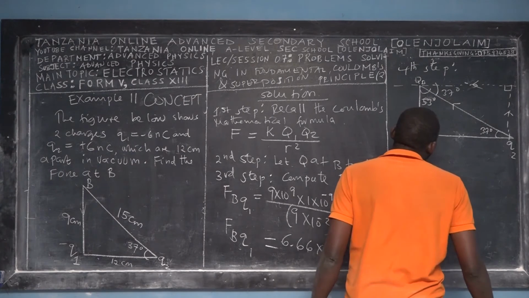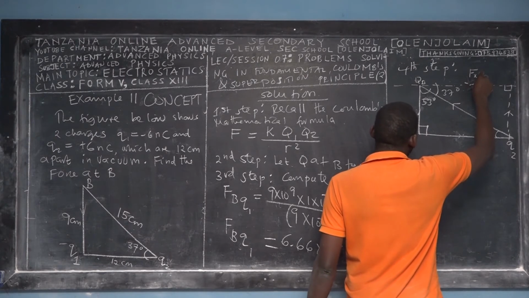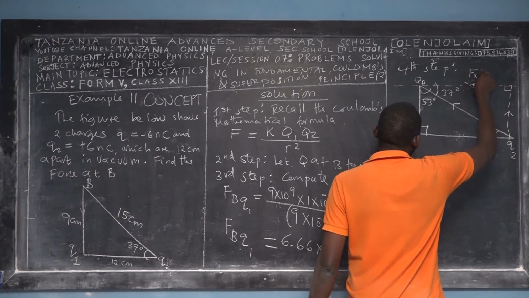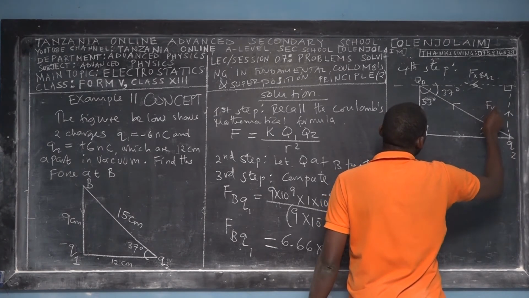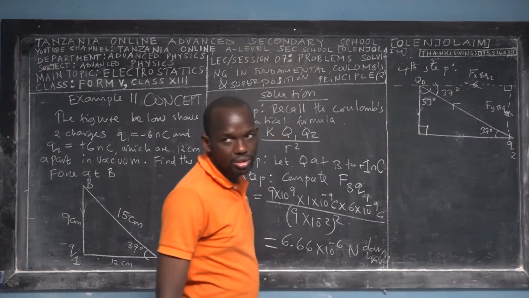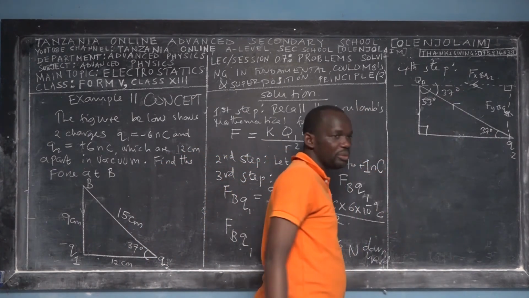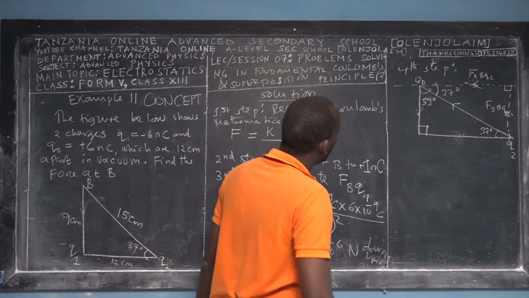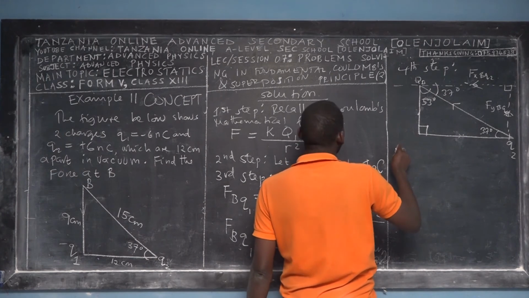This will be the horizontal component of force on B due to Q2, and this one will be the vertical component on B due to Q2. So we know that the angle will be 37. So it means by using what? This is the fifth stage.